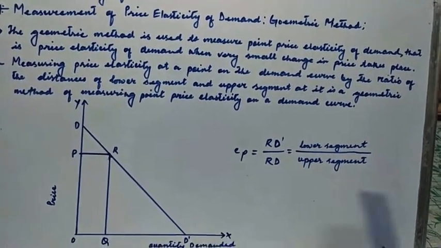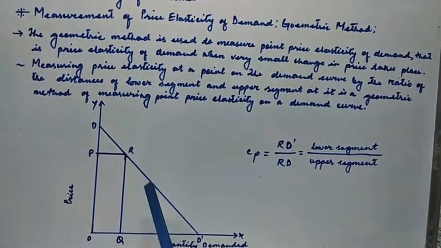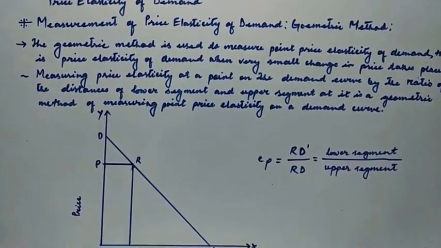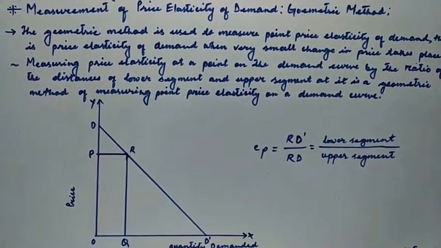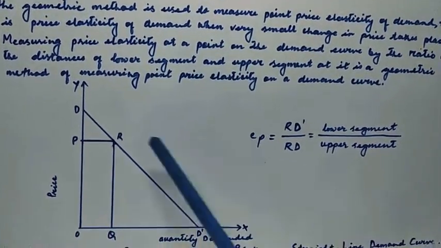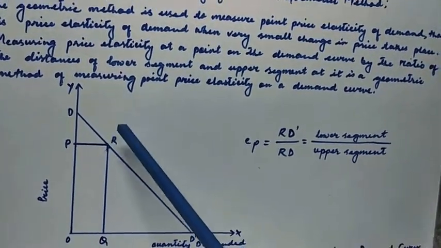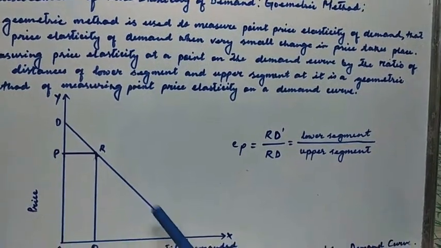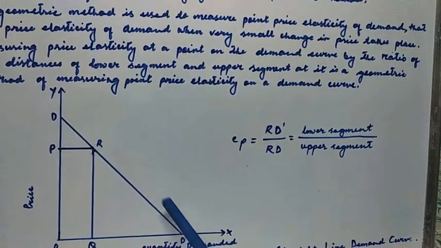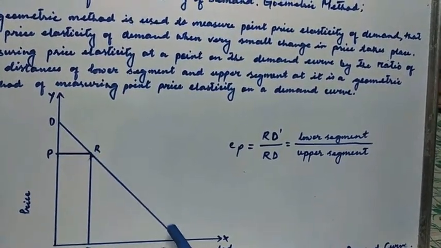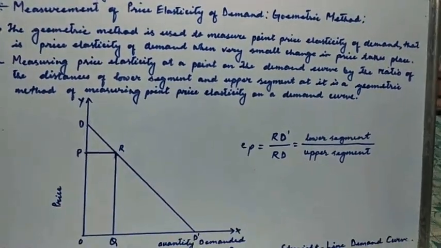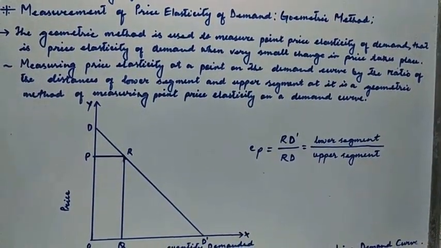Consider this figure 8, where a straight line demand curve, d dash, is given, and it is required to measure price elasticity at point R. So this is a straight line demand curve, and we have to measure the price elasticity of this straight line demand curve d dash at point R. So how do we measure this price elasticity?